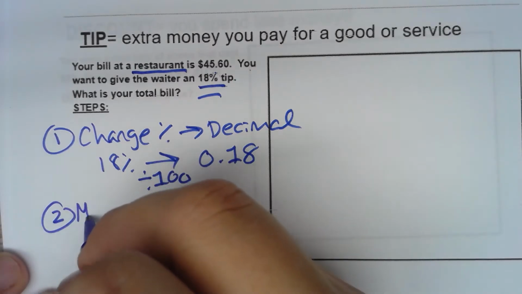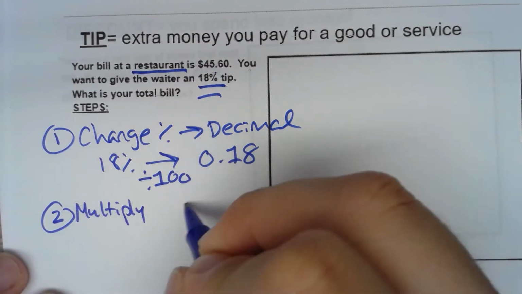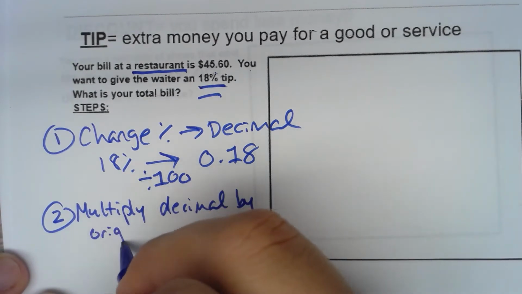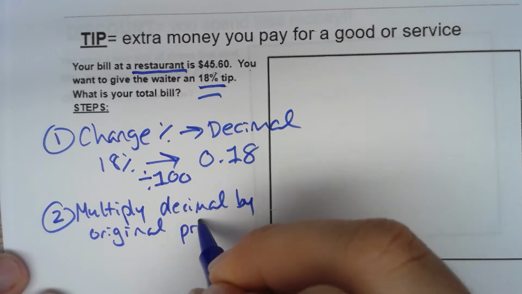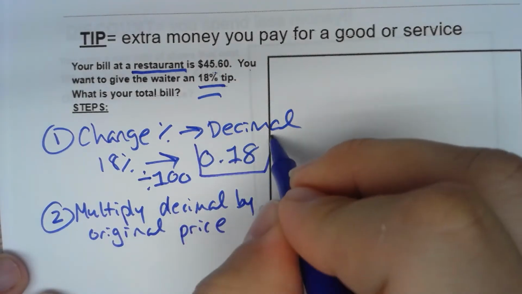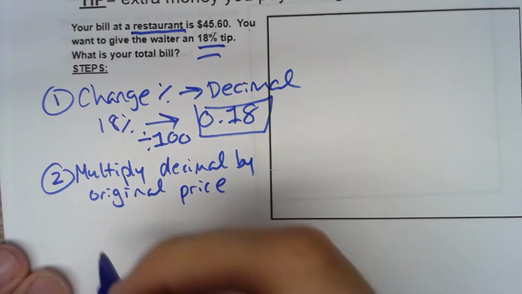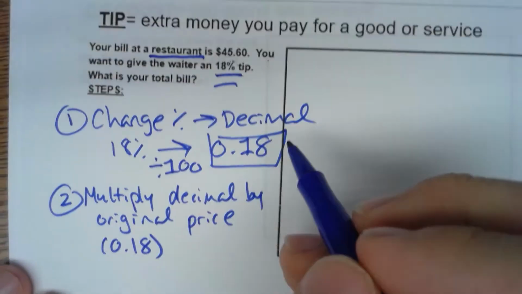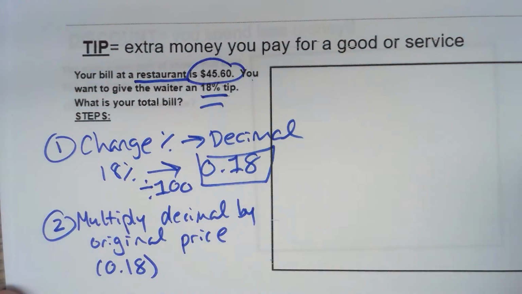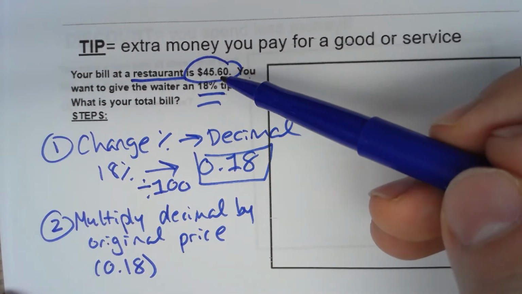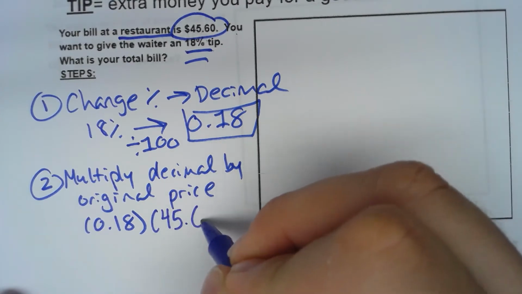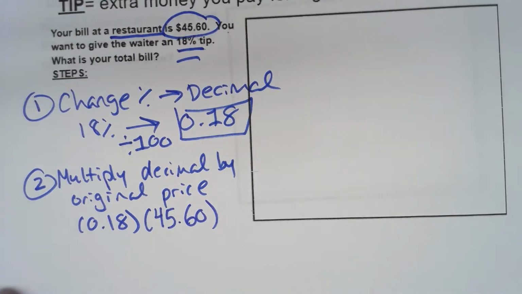Step 2, you need to multiply the decimal by the original price. So take this number, 0.18, and multiply this by the original price, which was $45.60. Okay, let me do this on my calculator real quick.